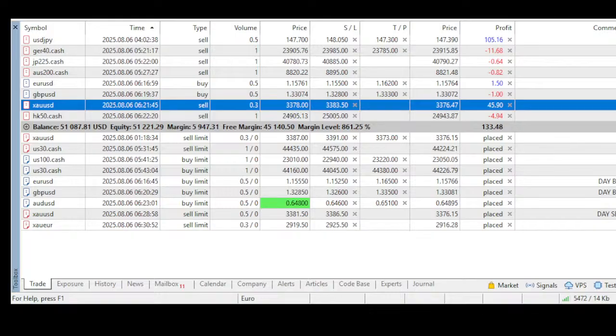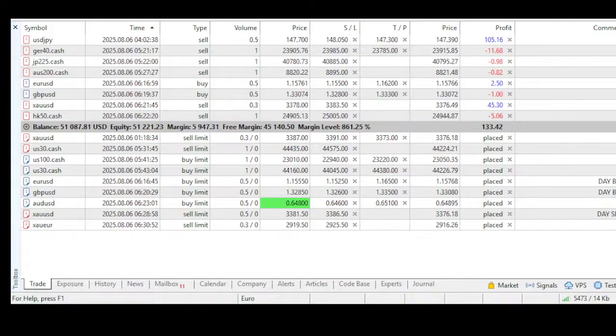Okay, now let's look at gold Aussie. Gold Aussie, we tried to sell at 5208 and the stop at 17. I think gold Aussie looks more weaker. Okay, gold Aussie looks more weaker.